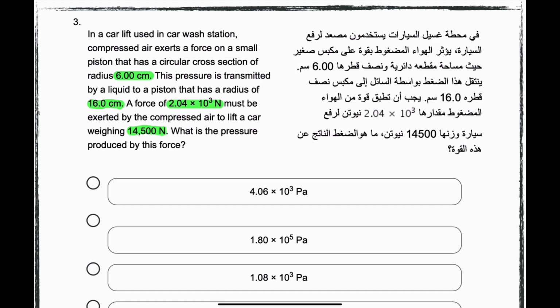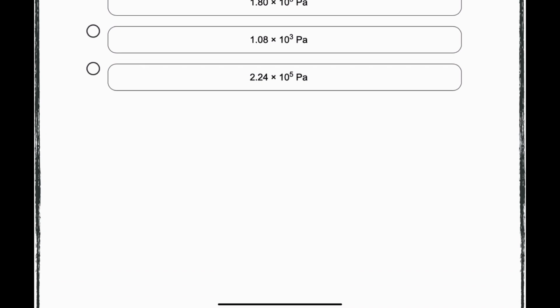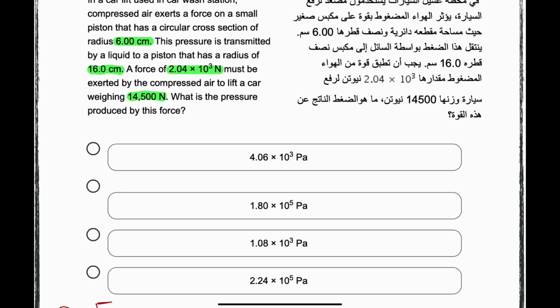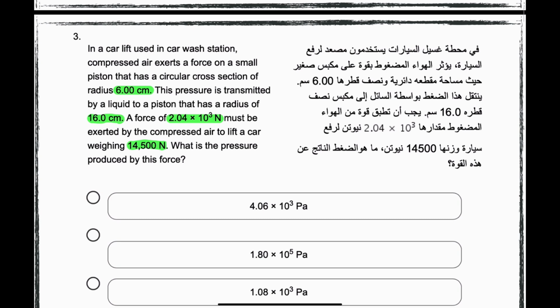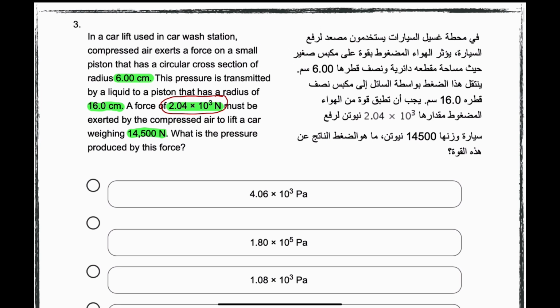So in this question, to solve it, we need the formula to calculate the pressure, which is P equals F over A. Here, the force given by the small piston is 2.04 times 10 to the power of 3, and we have the radius, which is 6 centimeters.